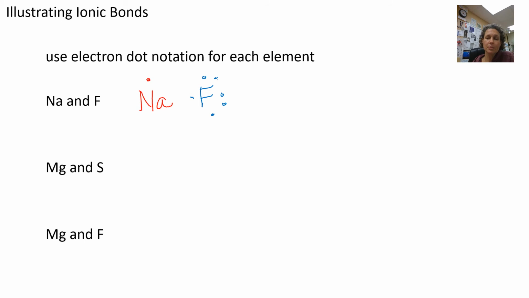Okay, so now remember that the one that already has a bunch of valence electrons is going to have the higher electronegativity. So fluorine is much more attractive to electrons than poor old sodium. So that one little electron that sodium has is going to see fluorine over there, and they're like, wow, you're really attractive. So this one little electron will go and be part of fluorine's outer energy level.